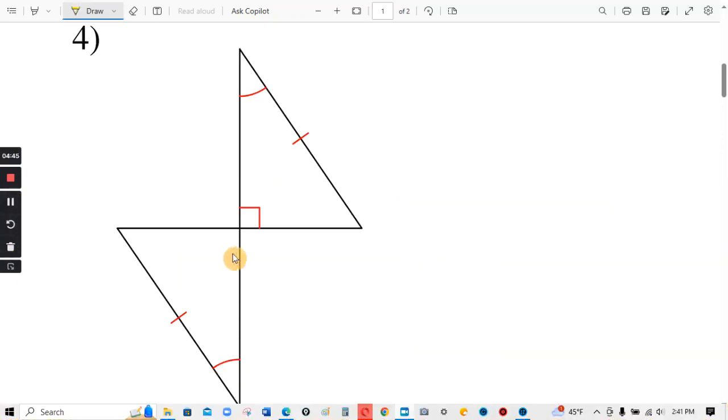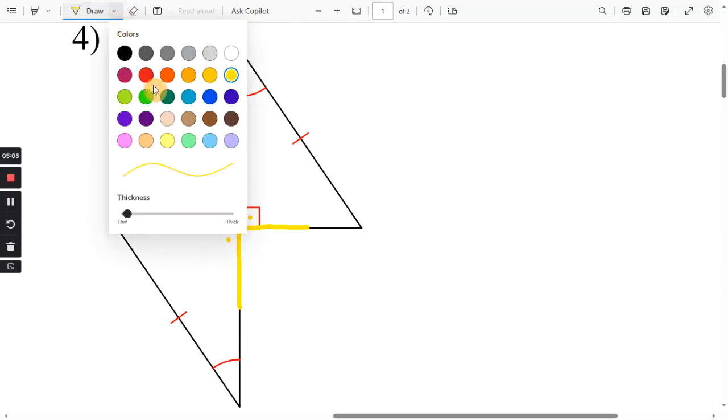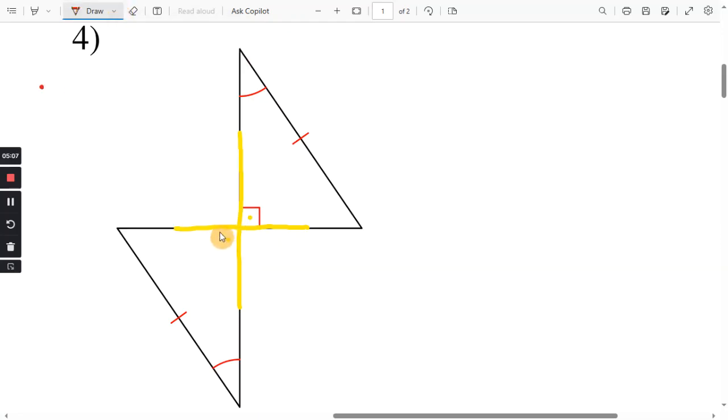All right, number 4. Remember when you have straight lines or line segments and you have that X shape, you can mark the angles across from each other congruent. So if this is a right angle, this angle here is also going to be a right angle. I'm going to mark this as a right angle.